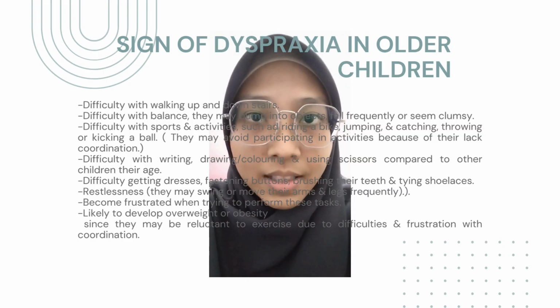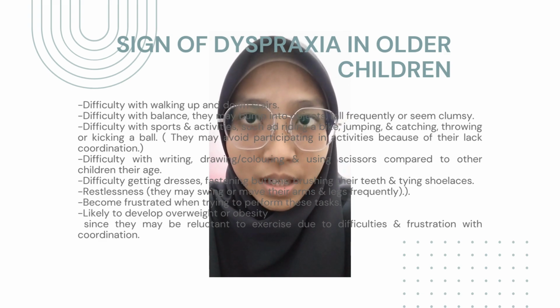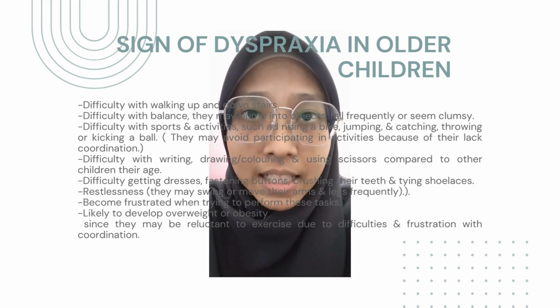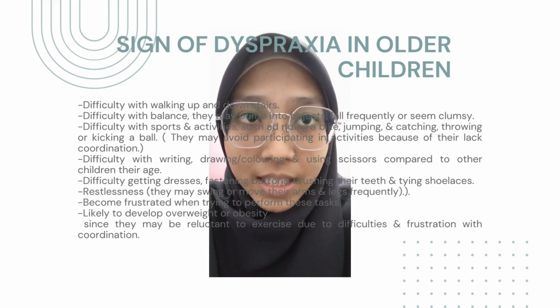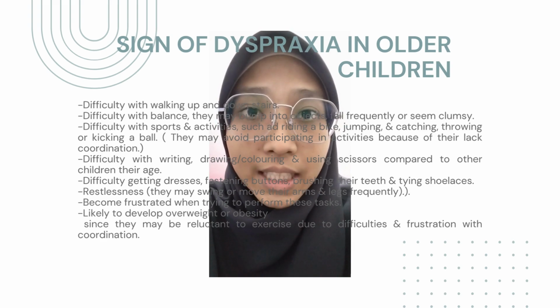Signs of dyspraxia in older children: difficulty with walking up and down stairs, difficulty with balance, they may bump into objects, fall frequently or seem clumsy, difficulty with sports and activities such as riding a bike, jumping and catching, throwing or kicking a ball.